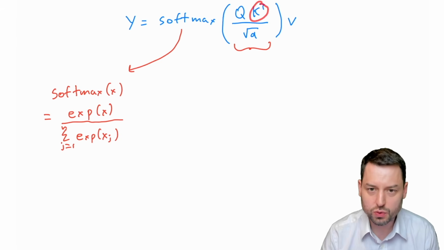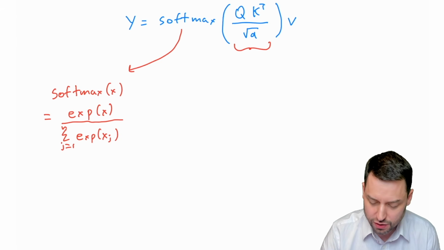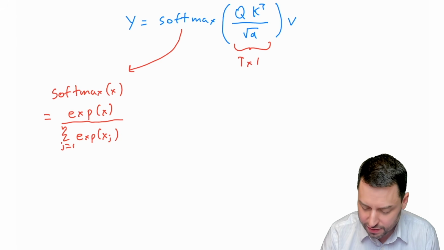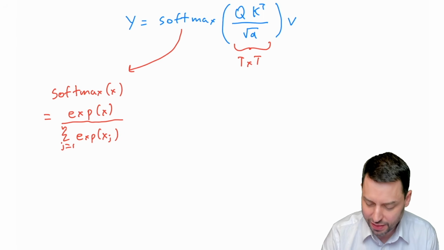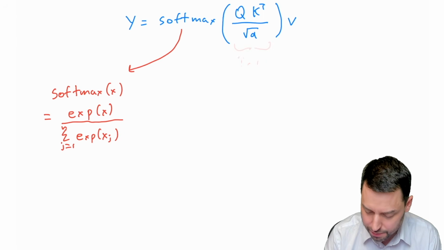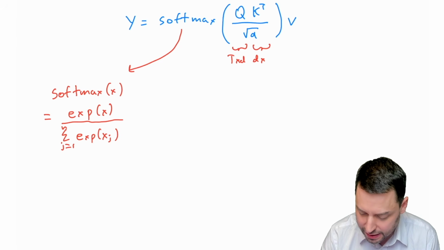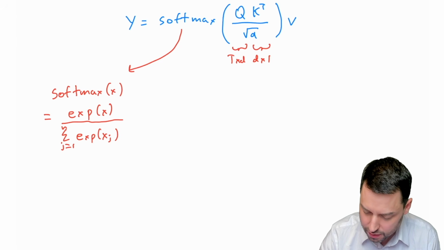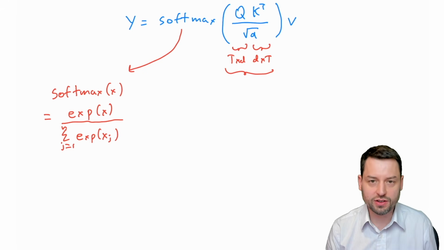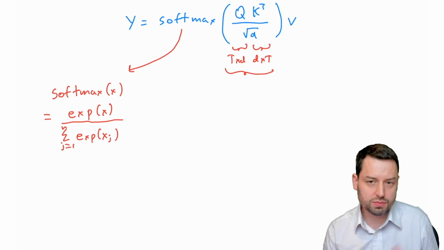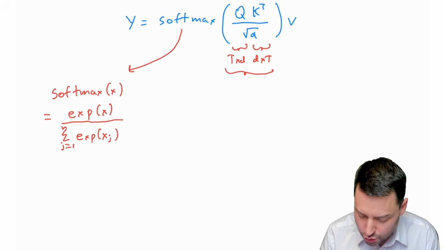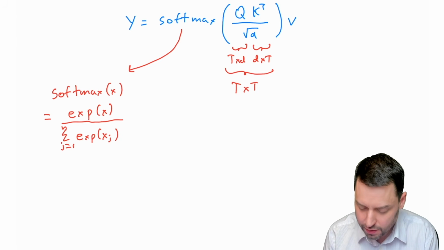K transpose would be a D by T matrix. Maybe I'll write that out a little bit more explicitly. Q would be a T by D matrix. K transpose would be a D by T matrix. And dividing by square root of D, that's just a scalar, so it doesn't affect the size of it. So this whole thing would be a T by T matrix.